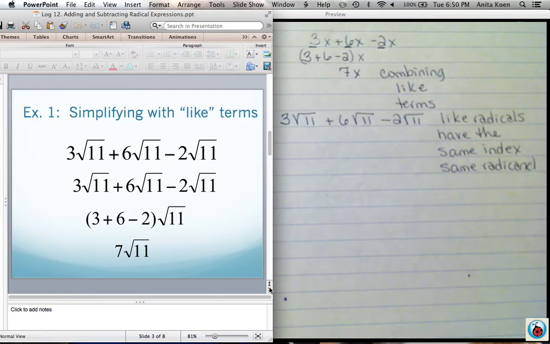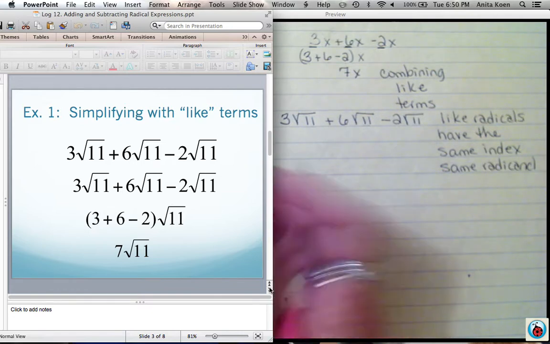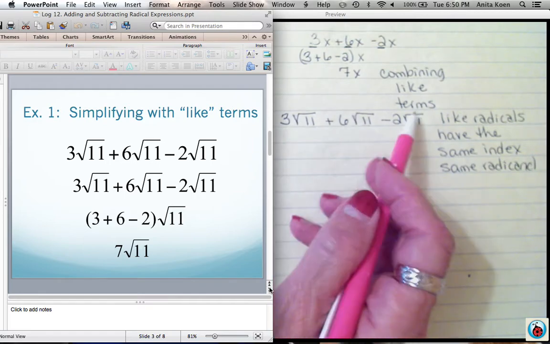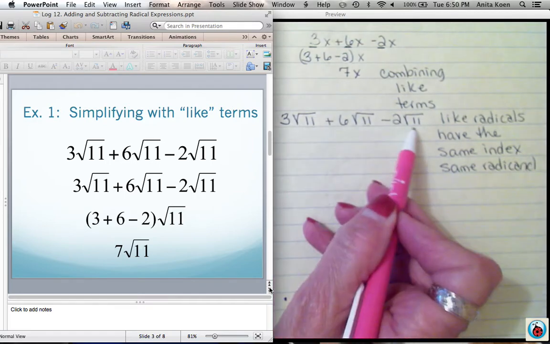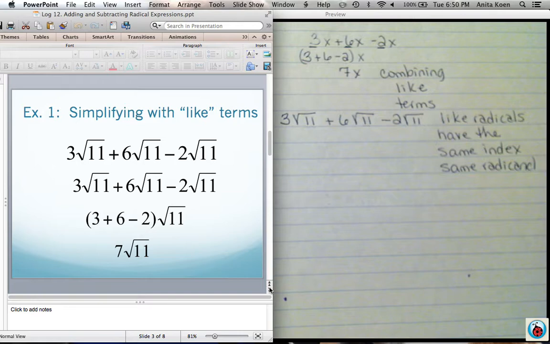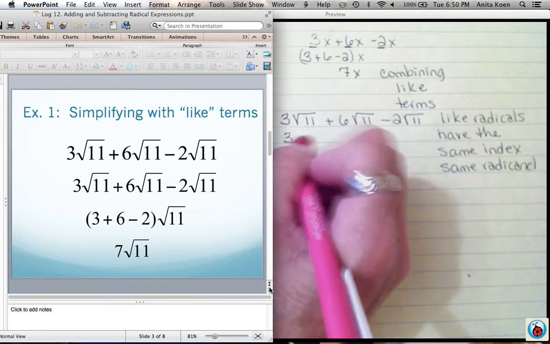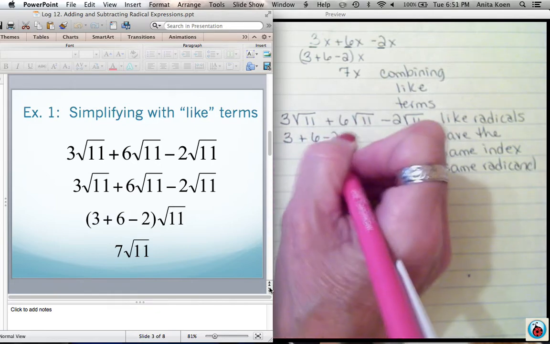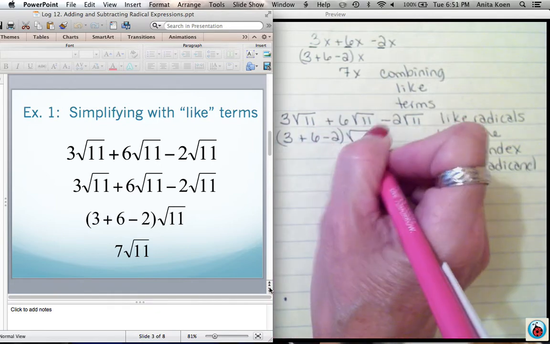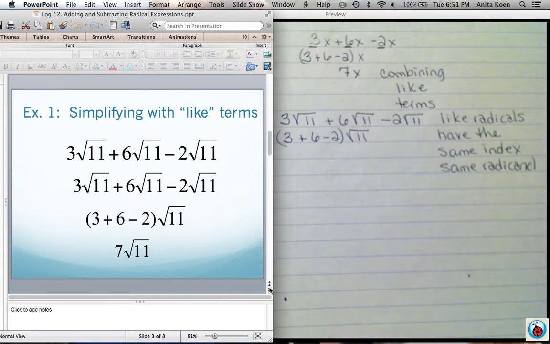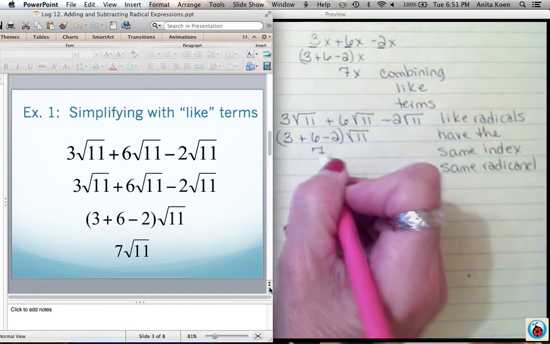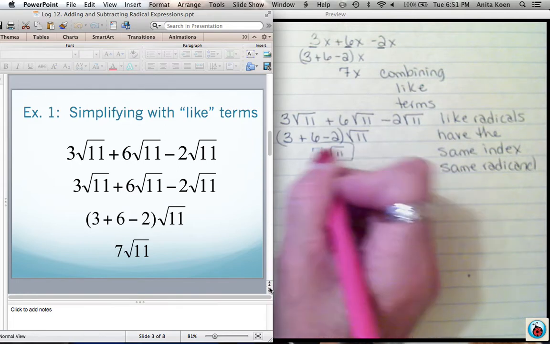If they are like radicals, then we can combine them just like we did in Math 1, combining like terms. We can say 3 plus 6 minus 2 times the square root of 11. 3 plus 6 is 9, minus 2 is 7 square roots of 11.